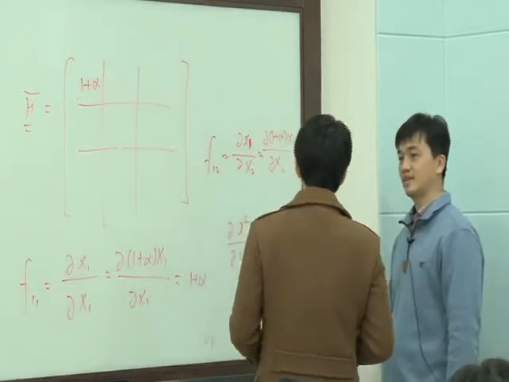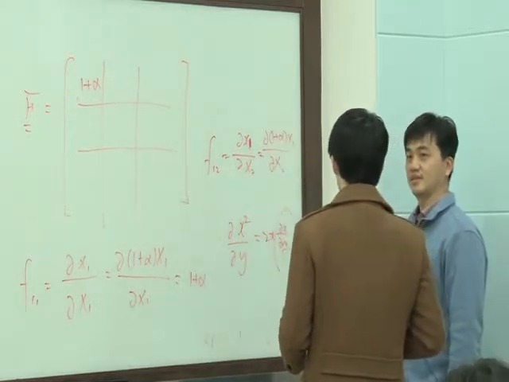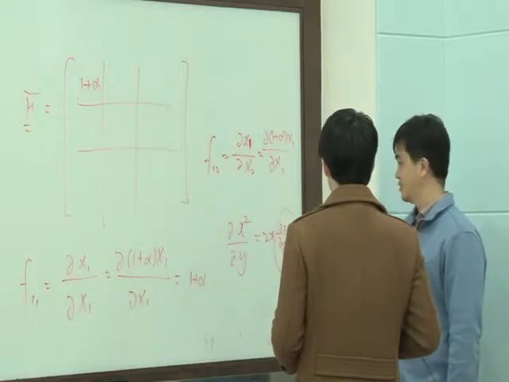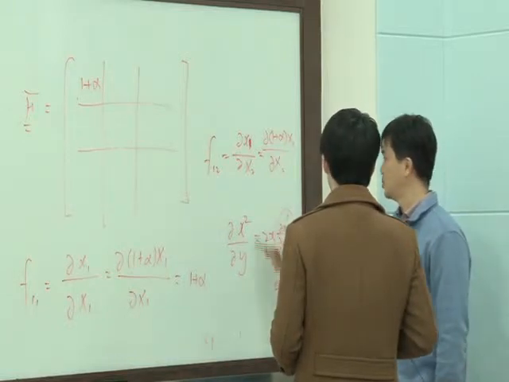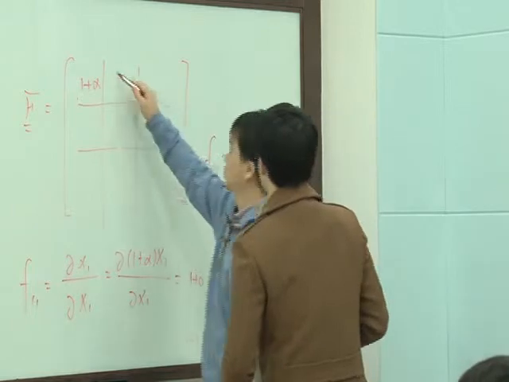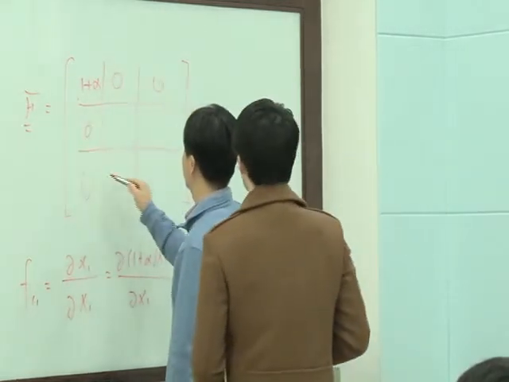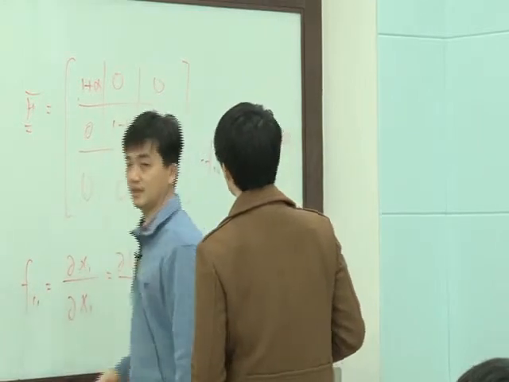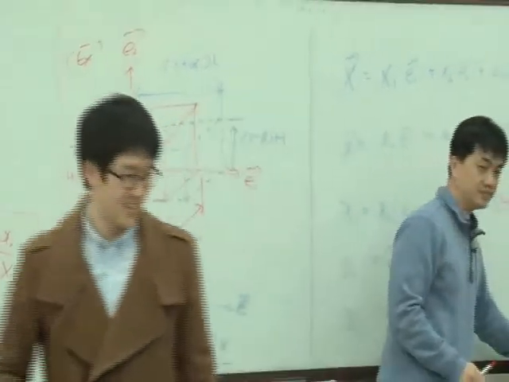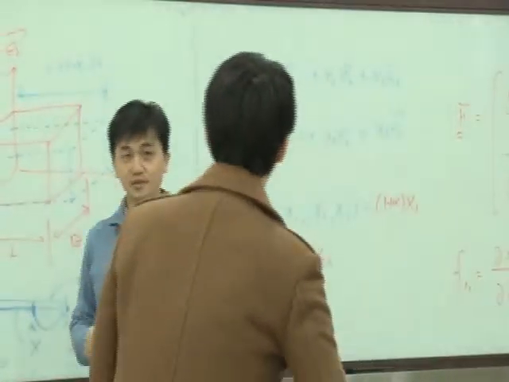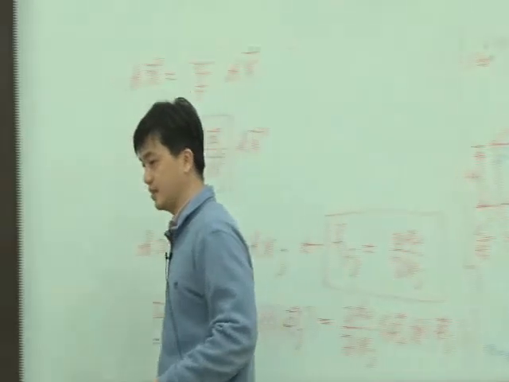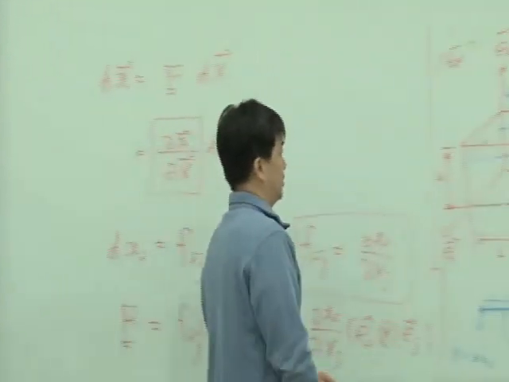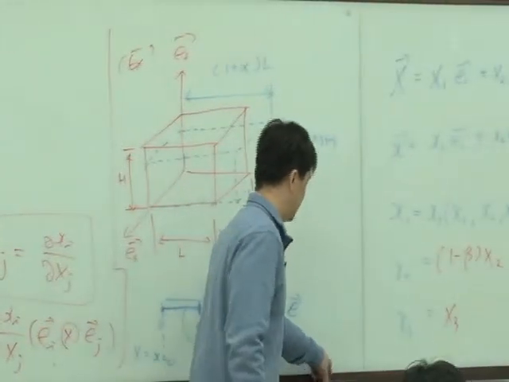Watch this. This is 0, right? So this is all 0. So we have 0, 0, 0, 0, 1 minus beta. Okay, so you need to study about the partial derivative. Okay.